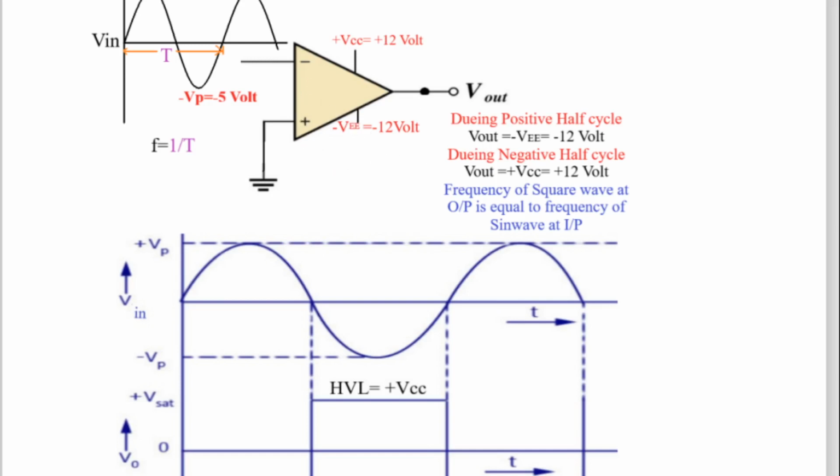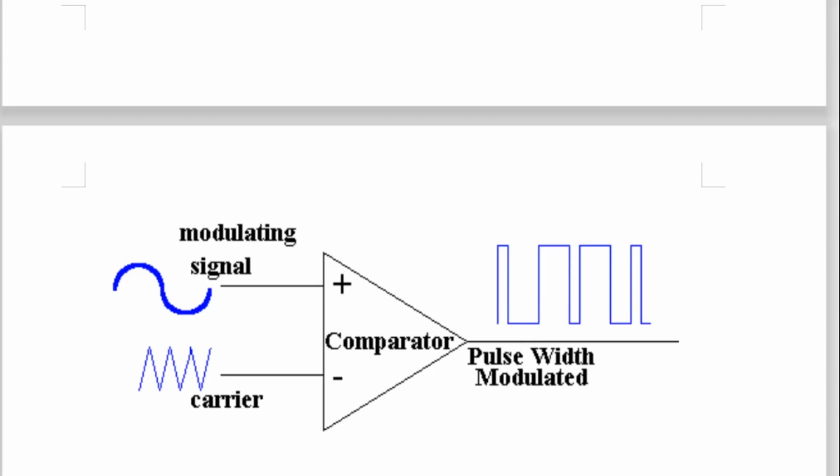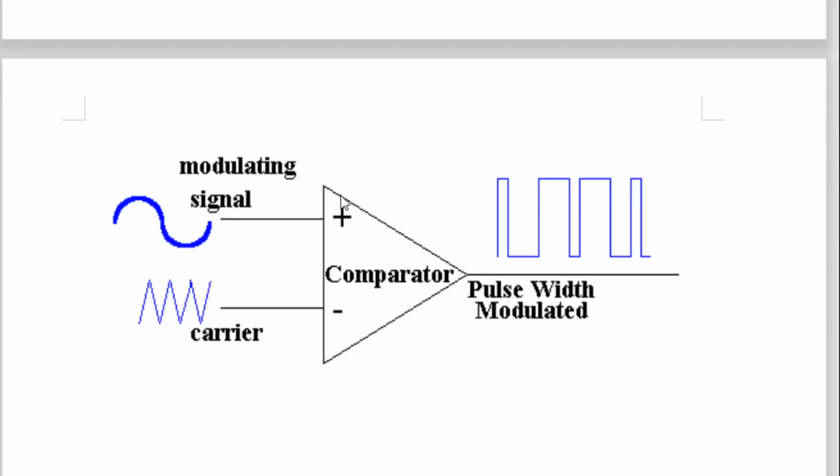Now what we are doing in this comparator, let us come to the block. Yes, here it is our comparator. Now here at the positive terminal we are applying our modulating signal, which is a low frequency signal, and at the negative terminal we are applying our high frequency carrier signal.